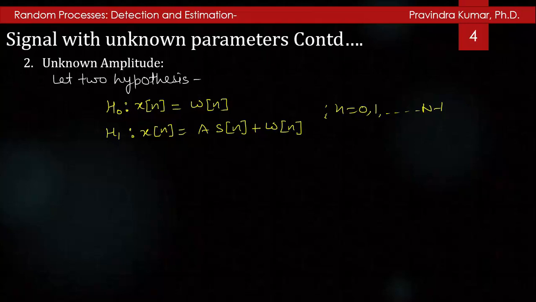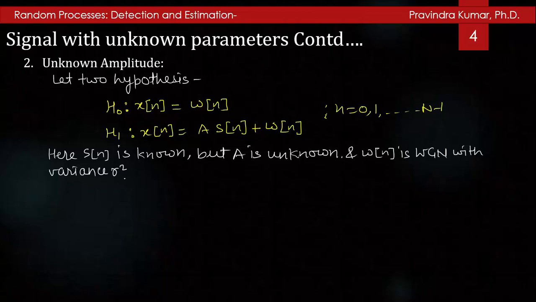Here s[n] is known, but the amplitude of the signal is unknown, and w[n] is white Gaussian noise with mean zero and variance sigma square. This problem is exactly what we discussed in the previous example 58, but in that case s[n] was 1, a DC level of unknown amplitude in white Gaussian noise.